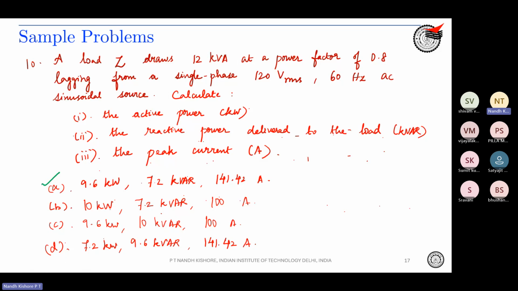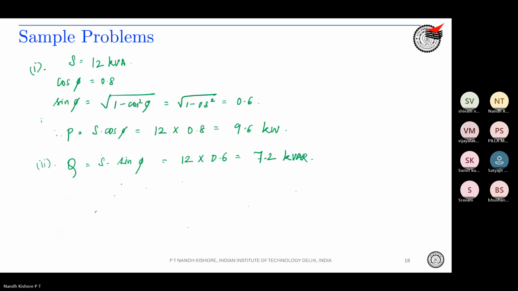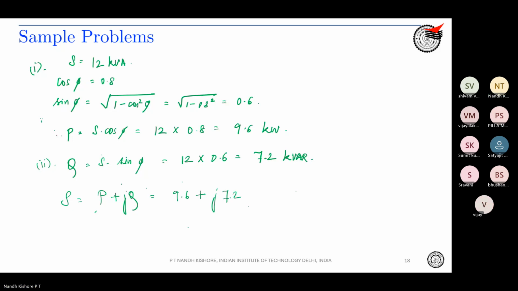So from here itself, you can tell the answer 9.6 and 7.2. But what about the current? We will also calculate the peak current. Now you understand that S is equal to P plus jQ, which is 9.6 plus j7.2. I can write this in polar form also as magnitude and angle.